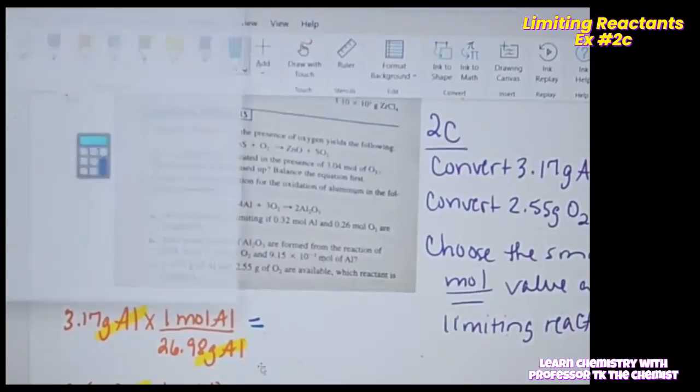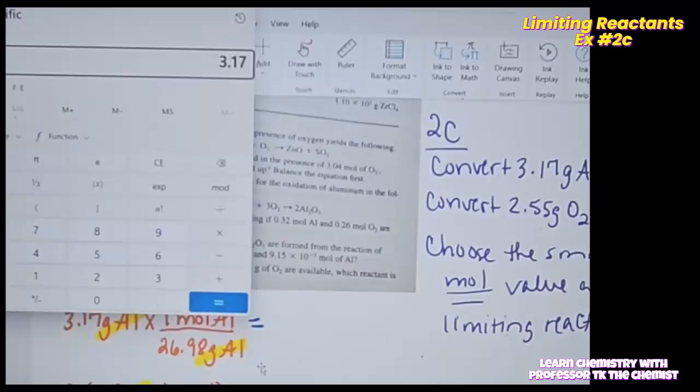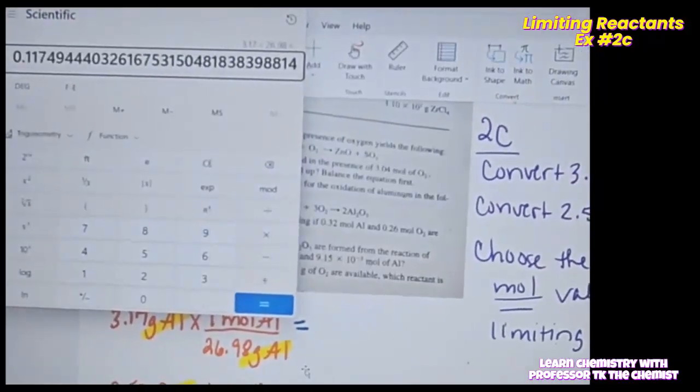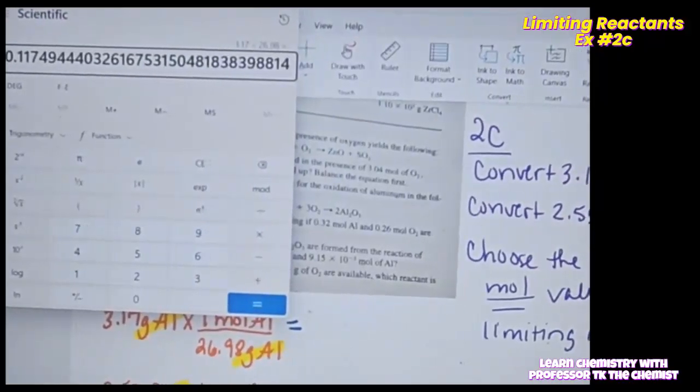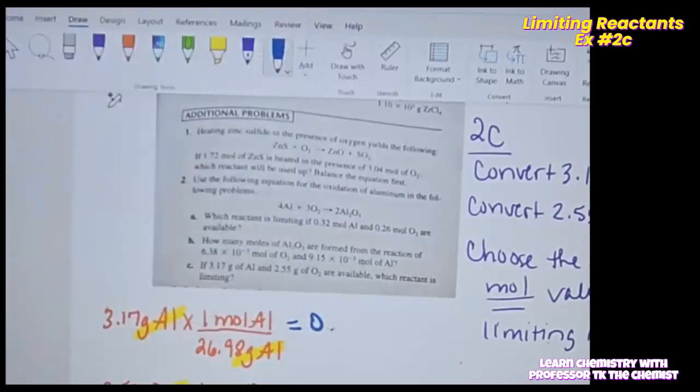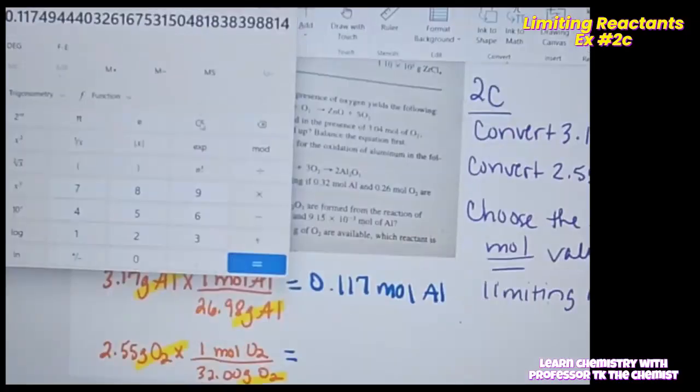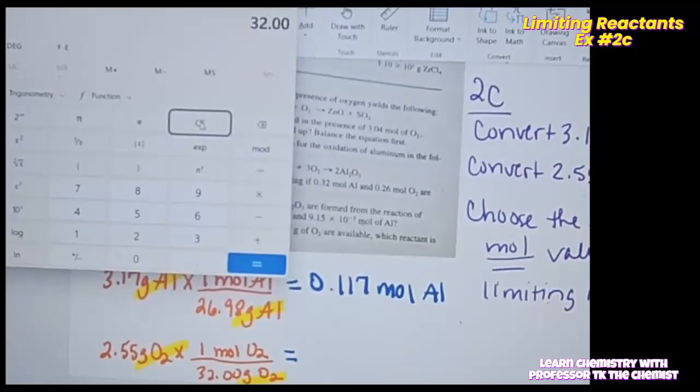So here we go. You've got 3.17 divided by 26.98, and you get 0.117. All right, 0.117 moles of aluminum. We've got 2.55 grams of oxygen divided by 32.00.